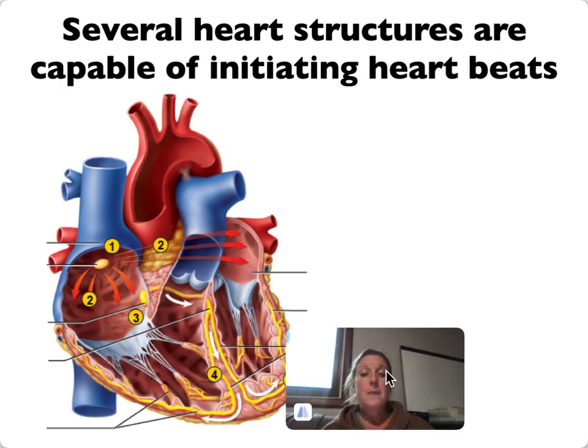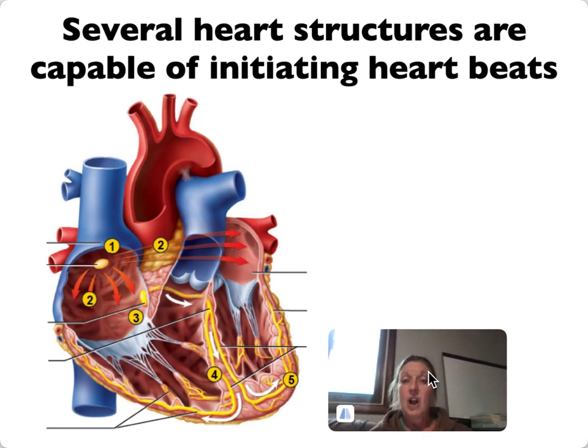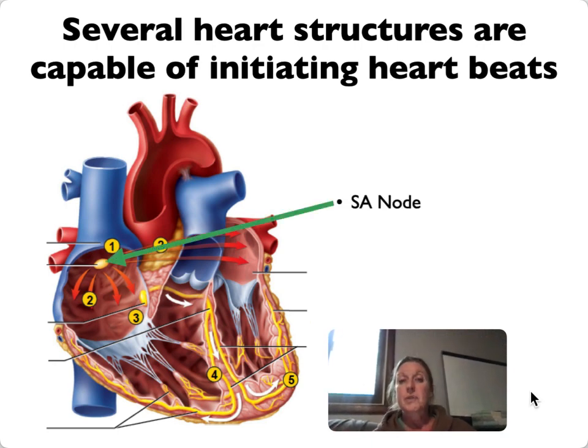Okay, so there are actually several heart structures that are capable of initiating these heartbeats, where the signals are passing through the gap junctions from cell to cell. And that's what we're going to talk about next. How do they do it? These three structures are called the SA node, the sinoatrial node, because it is in the atrium, the sinus of the atrium.